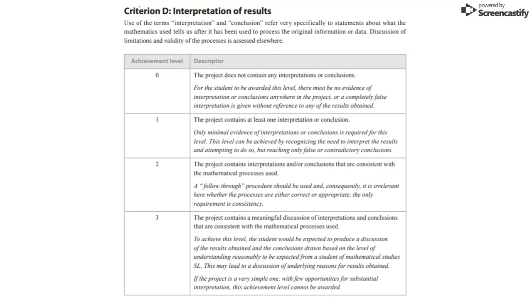Criterion D is interpretation of results. So a zero, don't even think about a zero. A one would be a project contains at least one interpretation or conclusion. Two is contains interpretation or conclusions that are consistent with the processes used. And then from two to a three, that's really the biggest jump again, the hardest jump in the rubric.